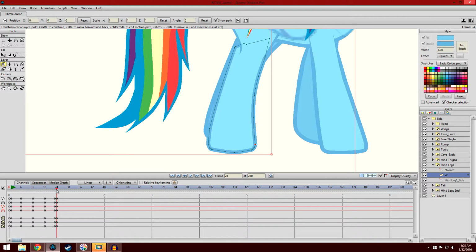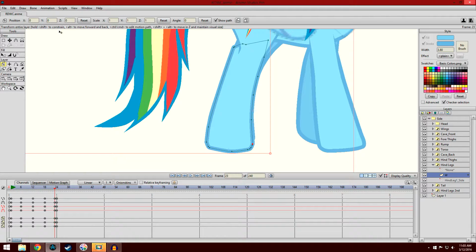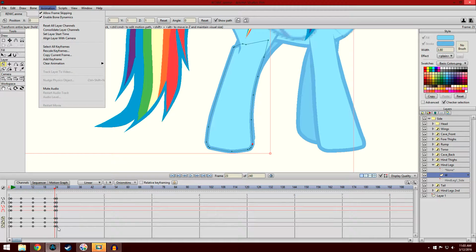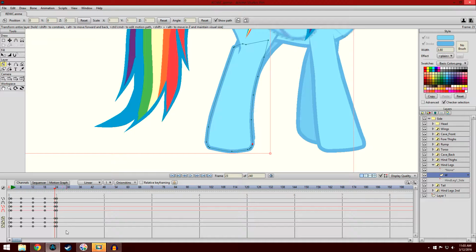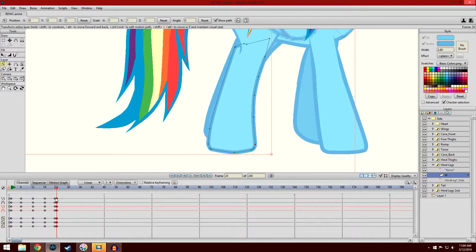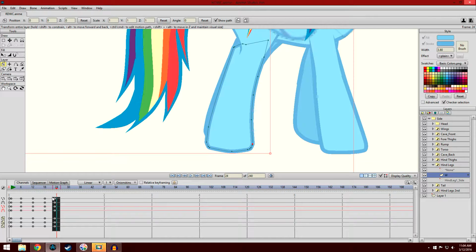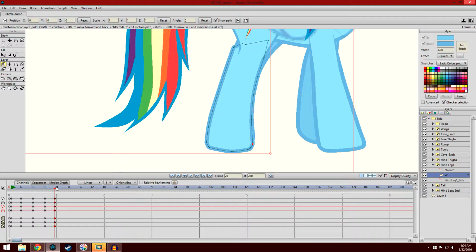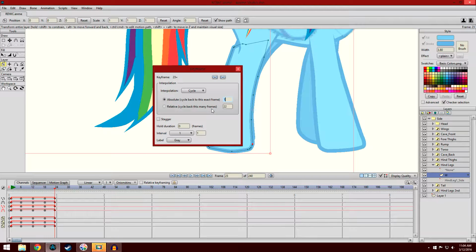To do that, you would go immediately to the frame just before it, which is this one. So this is the same as that frame, and so we go to the frame immediately before it and add a keyframe here. I've already done so, as you can see. After you have the keyframe, you will delete the last frame of the animation, then select these points right here, the one immediately before the last frame, and set it to cycle back to the first frame of the animation cycle.